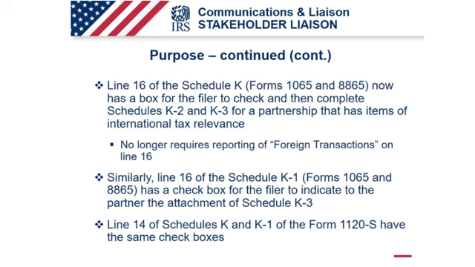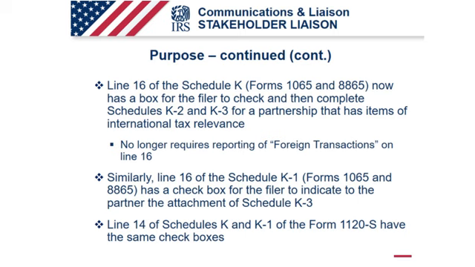Line 16 of the Schedule K, both the Form 1065 and 8865, now has a box for the partnership to check and then complete Schedules K-2 and K-3 for a partnership that has items of international tax relevance. It no longer requires reporting of foreign transactions on line 16 and makes a reference to the Schedule K-2 for reporting details of international tax relevance.